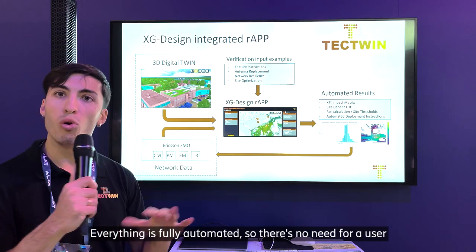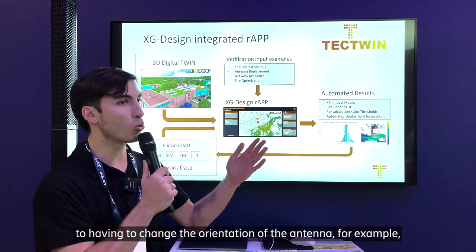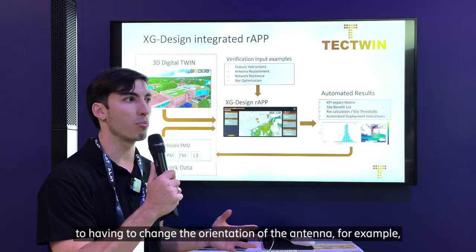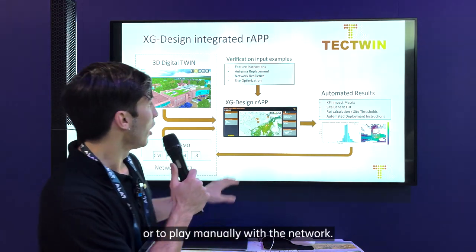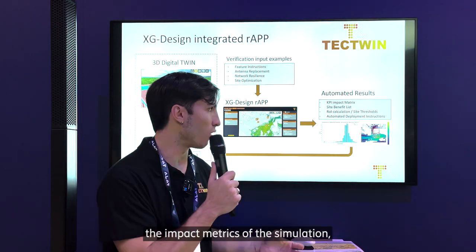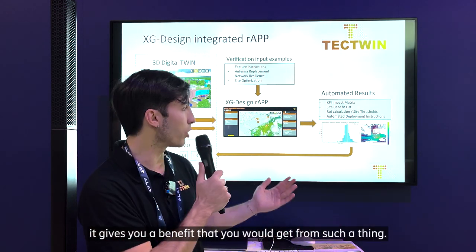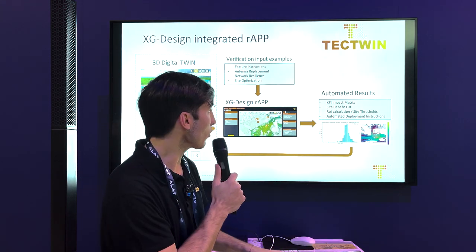Everything is fully automated, so there's no need for a user to change the orientation of the antenna, for example, or to play manually with the network. And the tool directly gives the impact metrics of the simulation. It gives you the benefit that you would get from such a change.